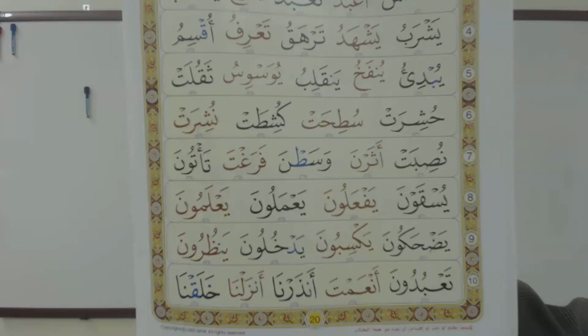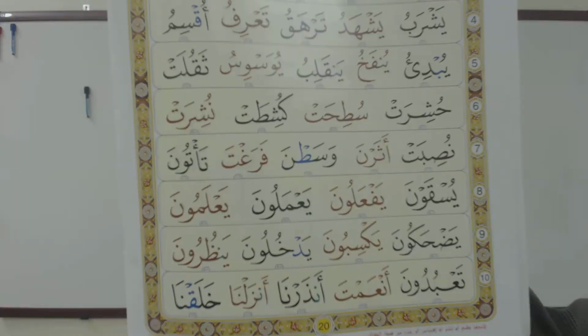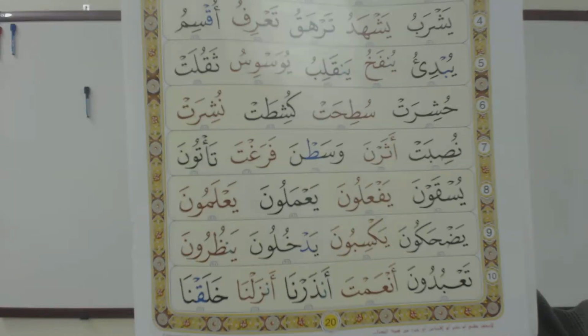Wasatna. 7.4. You're not pronouncing the vowels correctly. Faragta. Okay, 7.5.